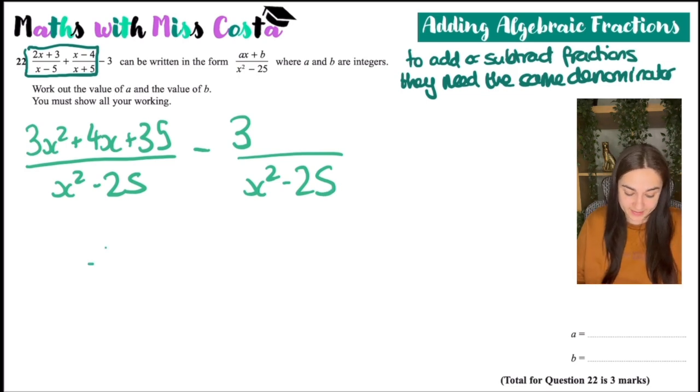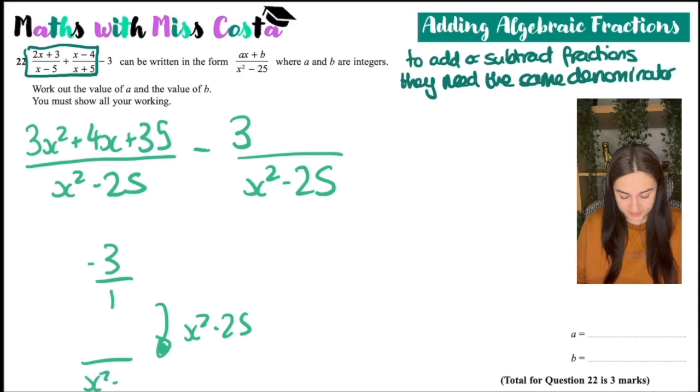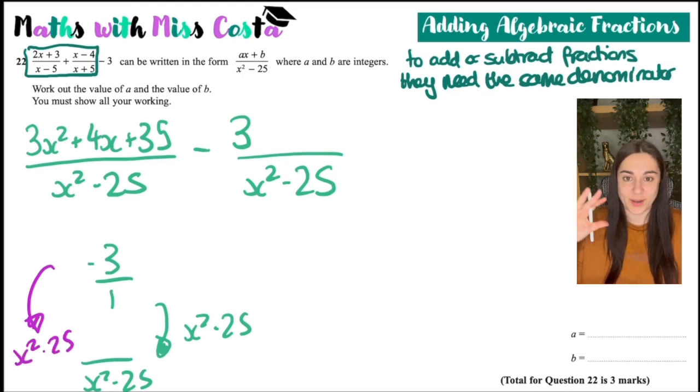So if I've times 3 over 1 by x squared take 25 to give it this denominator, I'm going to have to times the numerator by x squared minus 25 as well. Whatever you do to the numerator, you have to do to the denominator to keep it in the same proportion.